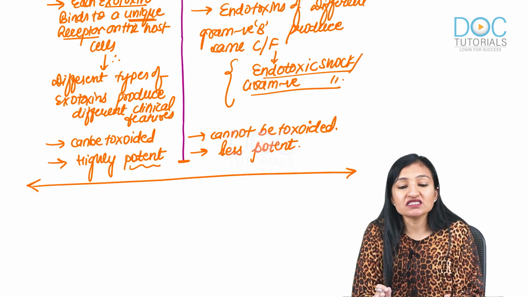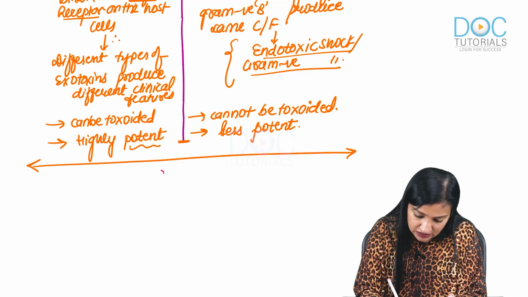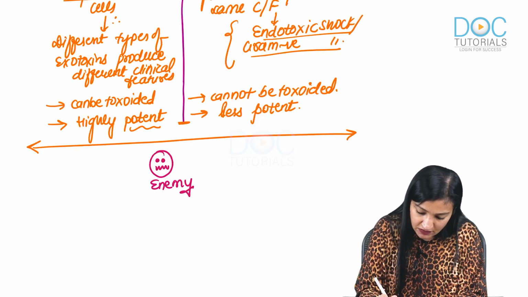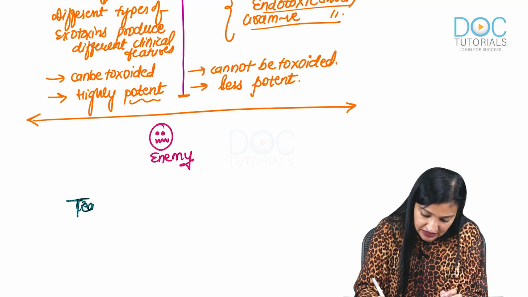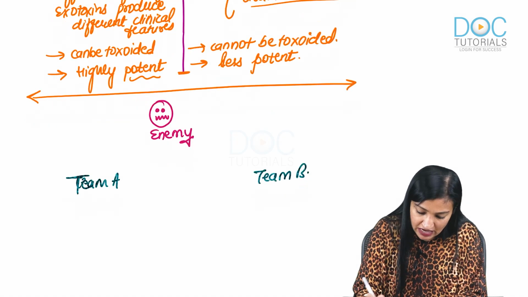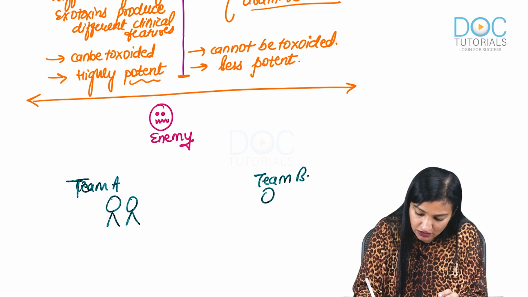To understand potency, let me give you an example. Suppose this is an enemy, and there are two teams, team A and team B. Team A has 2 members, team B has 1 member.